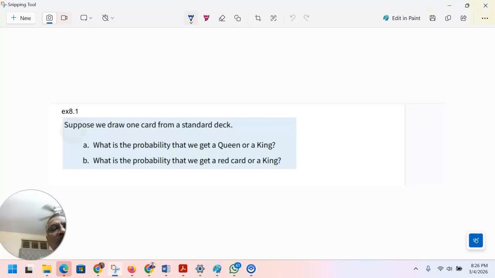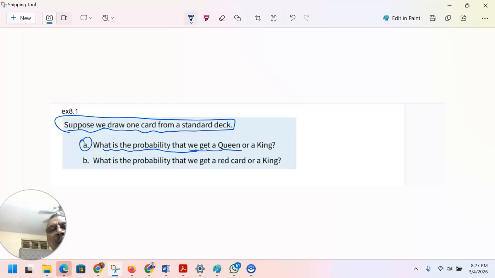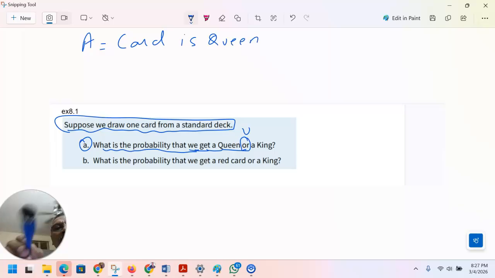So the next question: suppose one card is drawn from a deck of cards, and there are two parts here. What is the probability that we get a queen or a king? Remember, when you say or, it means union. So we can call A the event that the card is a queen, and B the event that the card is a king.